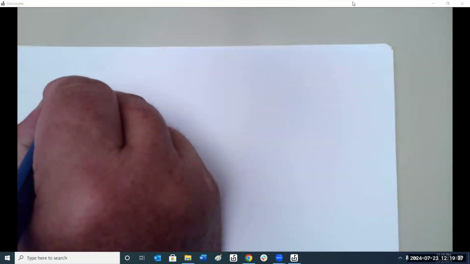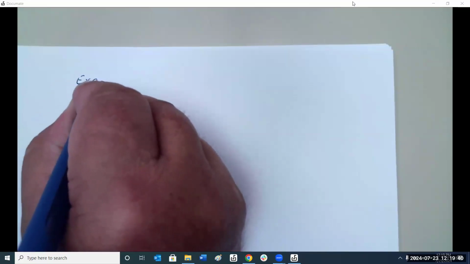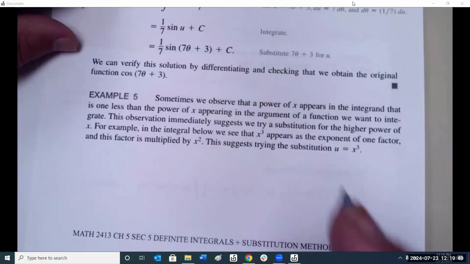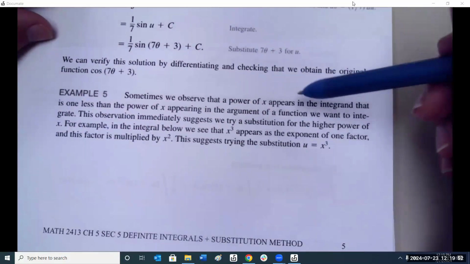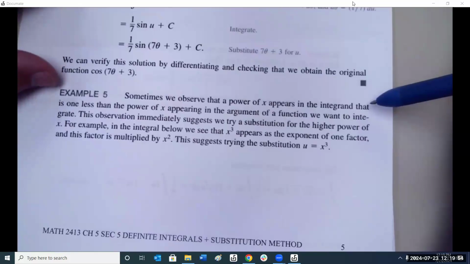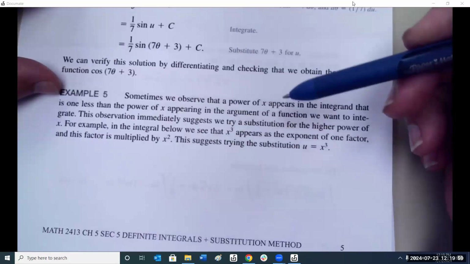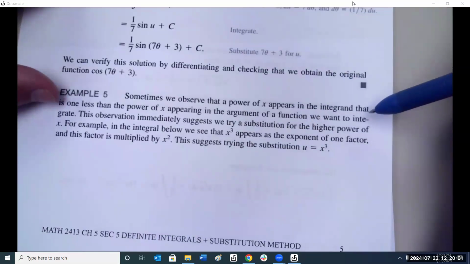Example 5 says this. Sometimes we observe that a power of x appears in the integrand that is one less than the power of x appearing in the argument of a function we want to integrate.